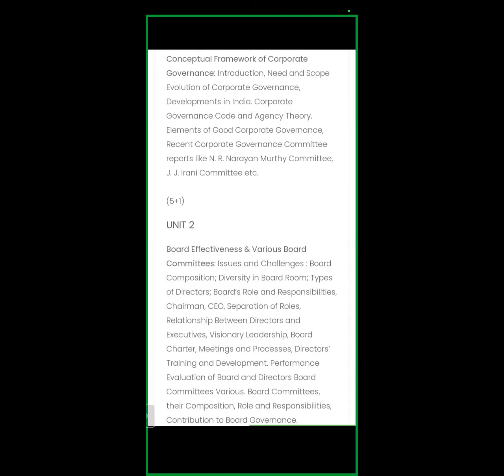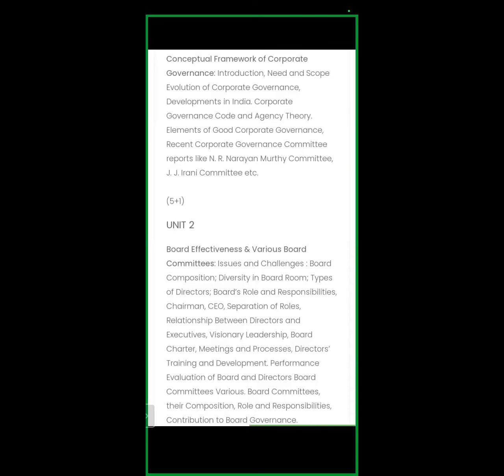Then in unit two, we will be discussing the board. Here, board means board of directors. Every company which is listed has a board of directors.